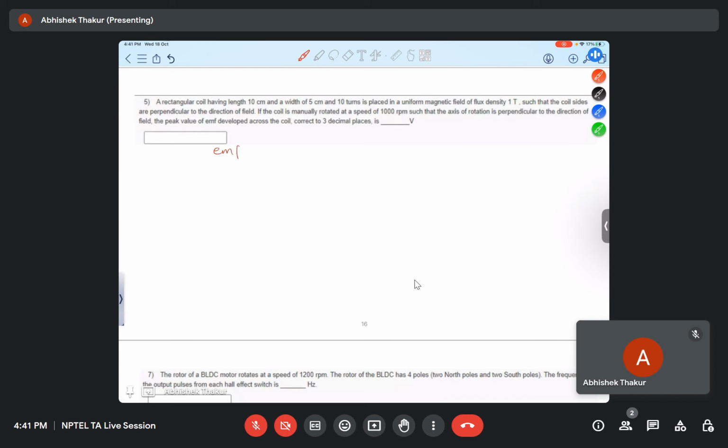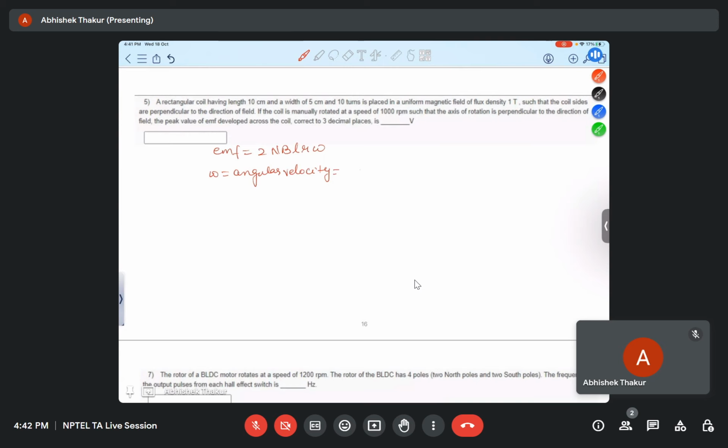So the value of EMF can be calculated using this formula: 2 into N into B into L into R into omega. Here omega is the angular velocity, that is given as 1000 rotations per minute.